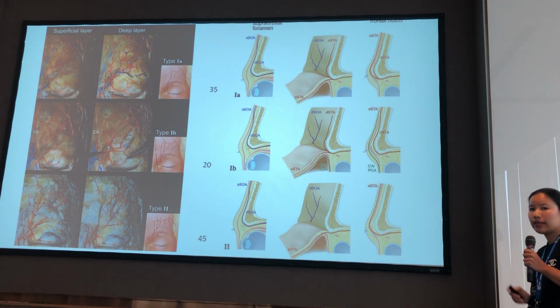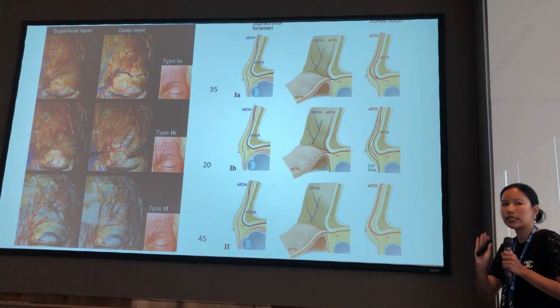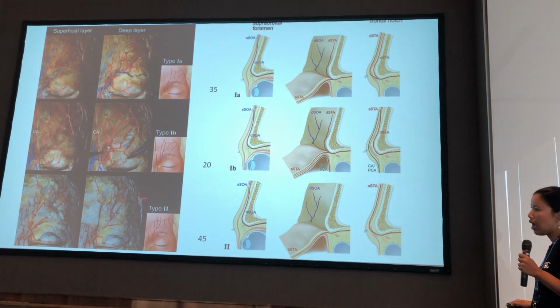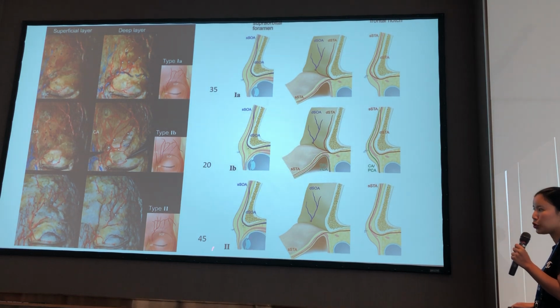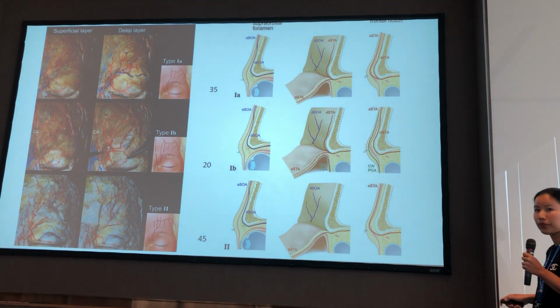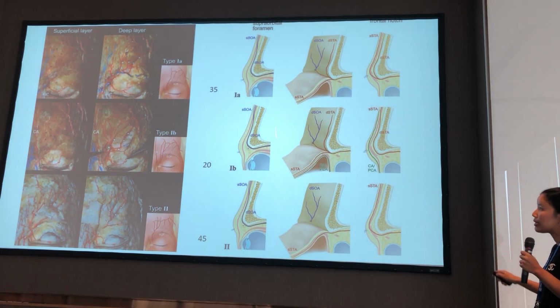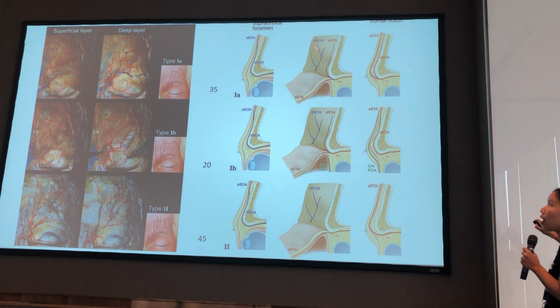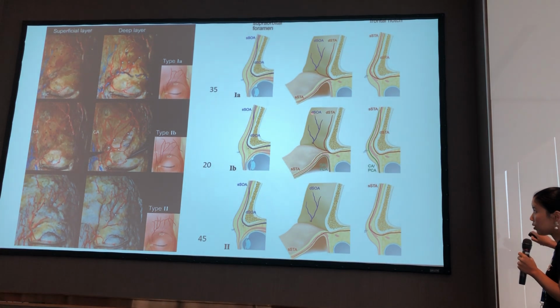From this one, they classify the vessels here into 3 main groups. Group 2 is the group that has a deep supraorbital artery. And you can see that actually in every group there is the supraorbital artery.